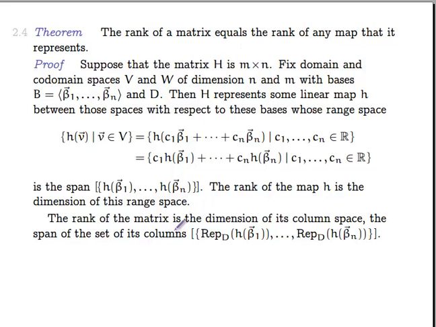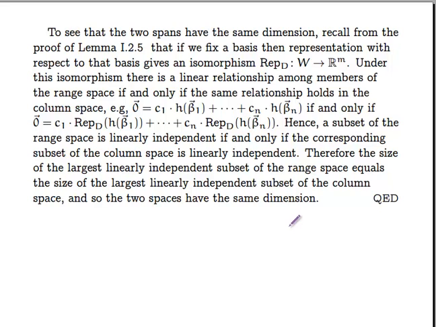The rank of the matrix is the dimension of its column space, which is the span of the set of columns. Remember how you define the matrix: you take the representation, with respect to the codomain basis, of the images of all of the basis vectors. Now we want to show that these two spans have the same dimension.